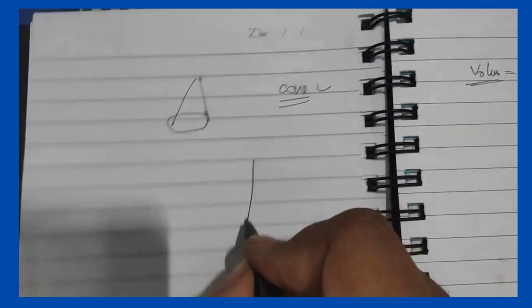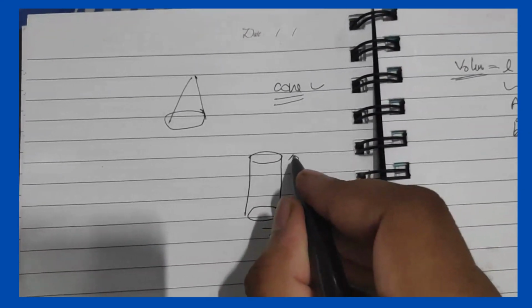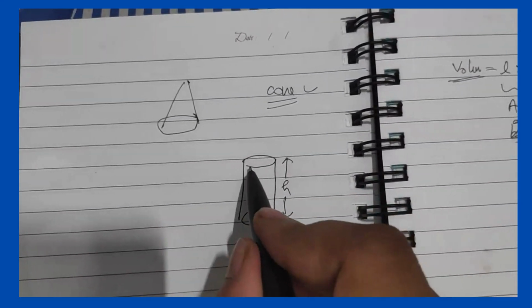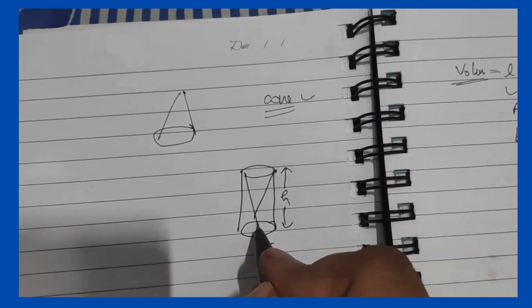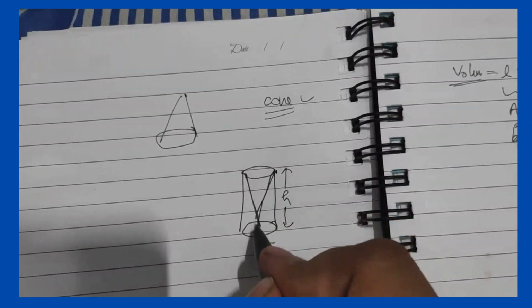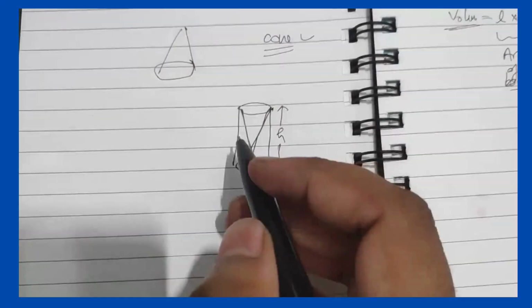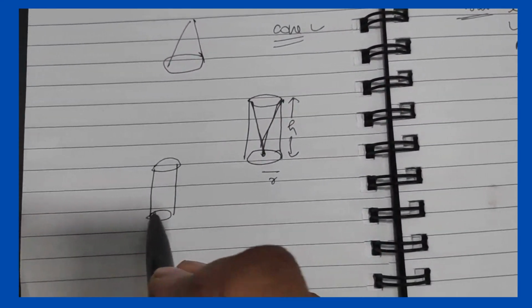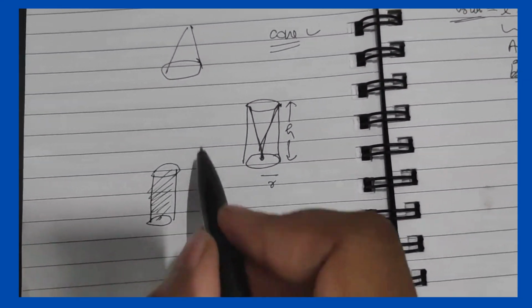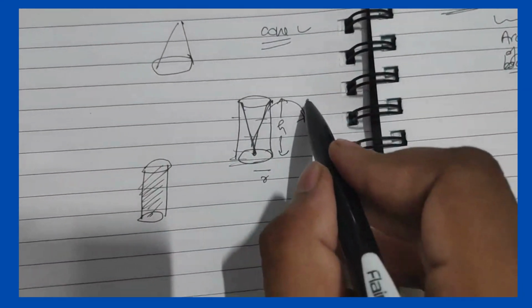By observation, we found that when we have a cylinder which has a radius r and height h, and we keep a cone of height h inside such a cylinder, touching the bottom, with the cone's height also the same as the cylinder, that is h height, then if we fill the cylinder with water and put the cone inside the water, some water will be displaced and come out.